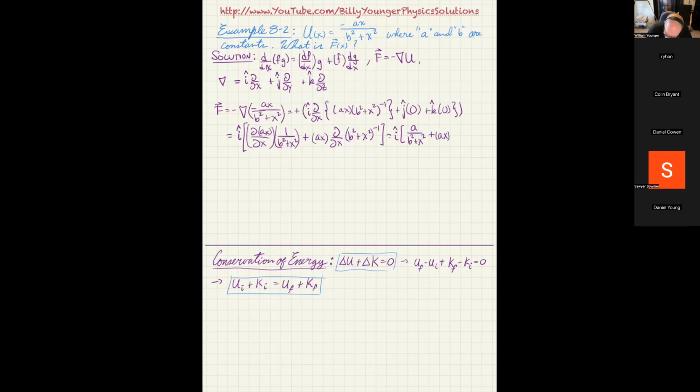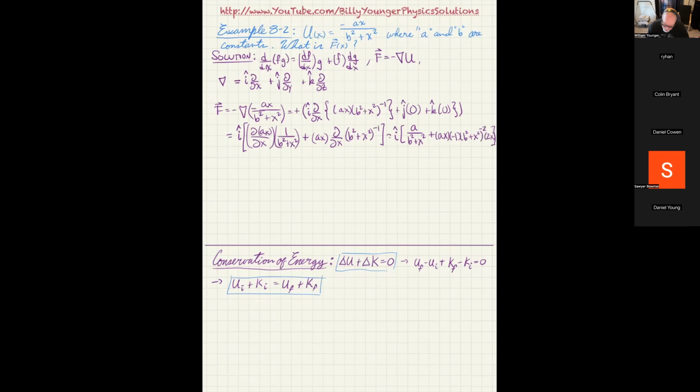That's that first factor that we took the derivative of already, but now I've got to take the derivative of b squared plus x squared to the negative 1 power. The derivative of u to the negative 1 power is negative 1 times u, which of course is b squared plus x squared, to the negative 2 power, times the derivative of b squared plus x squared with respect to x, so that's just 2x.